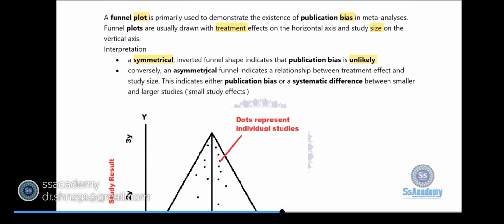If it is asymmetrical, the funnel indicates a relationship between the treatment effects and the study size. This indicates either publication bias or a systematic difference between the smaller and larger studies. Small study effects mean the bias is there.